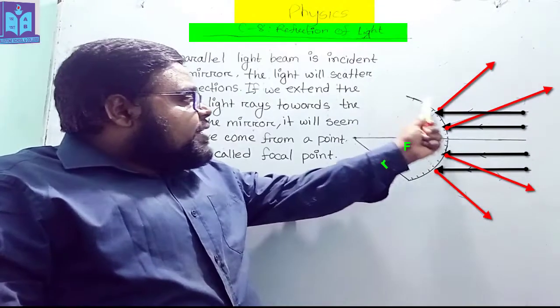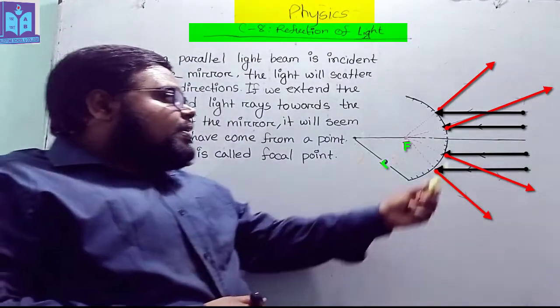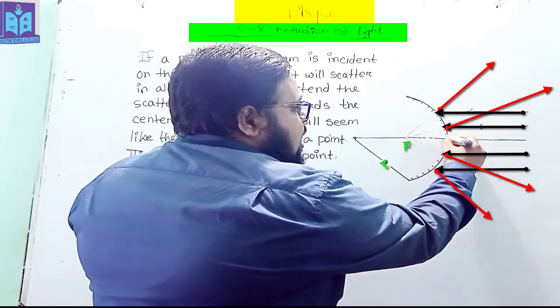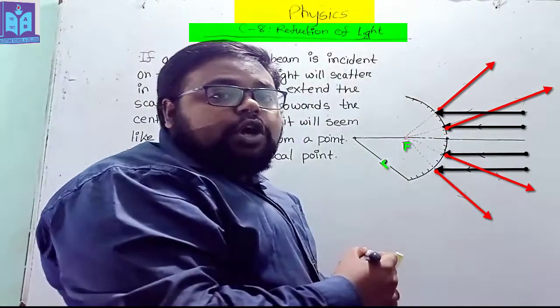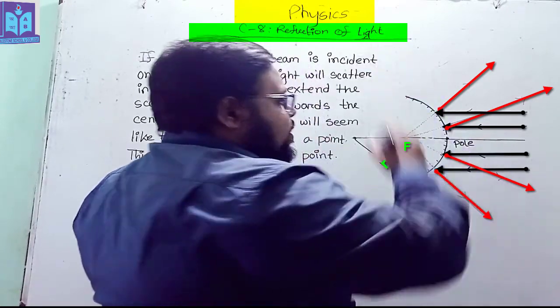And the center of the surface of the convex mirror where the light rays reflect, that means the center of the surface of this mirror, is called the pole.